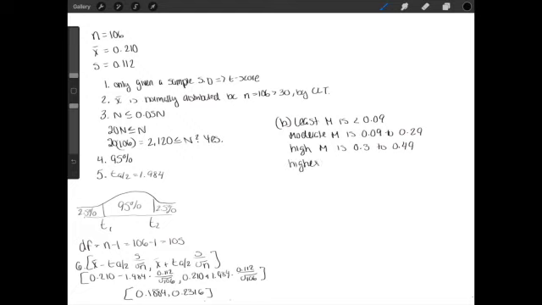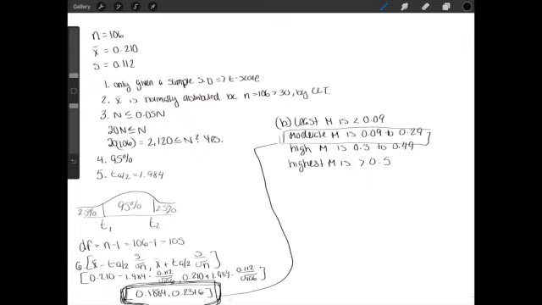And highest mercury is more than 0.5. From these numbers, you can tell that 0.1884 and 0.2316 match mostly to moderate mercury, which is from 0.09 to 0.29, which includes these numbers.